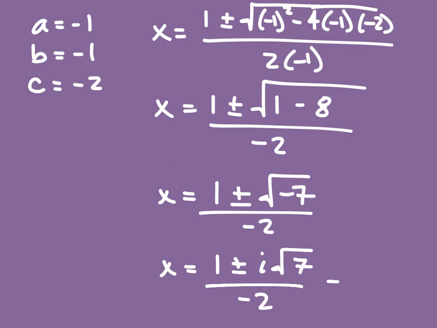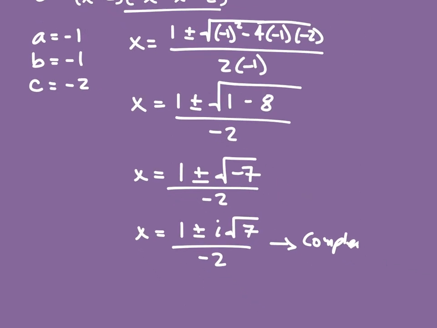Now this is going to yield us a complex solution. And because that's complex, this is not a real 0. It's a complex 0. So this is not going to cross the x-axis.